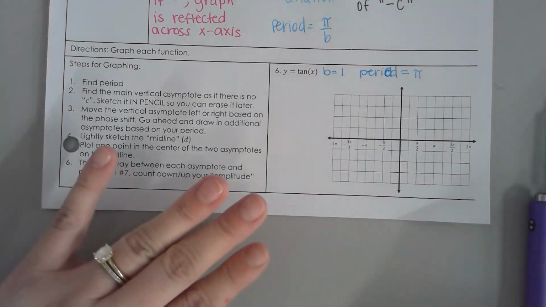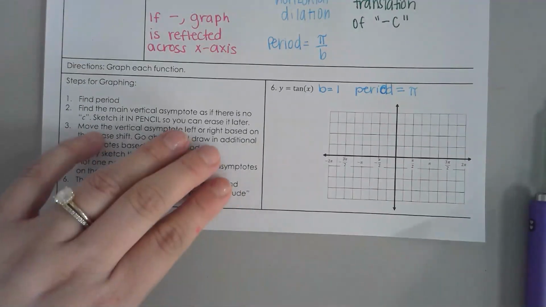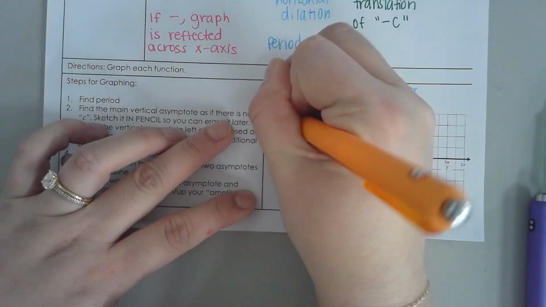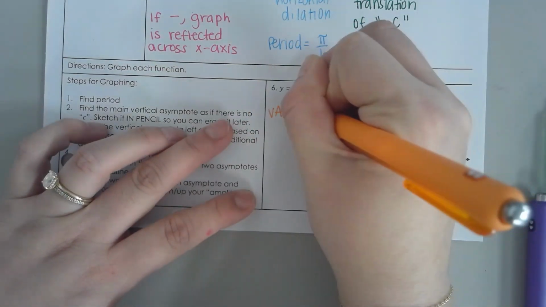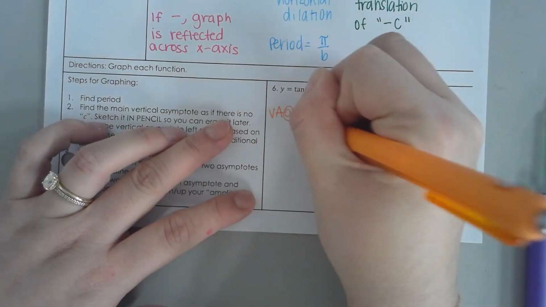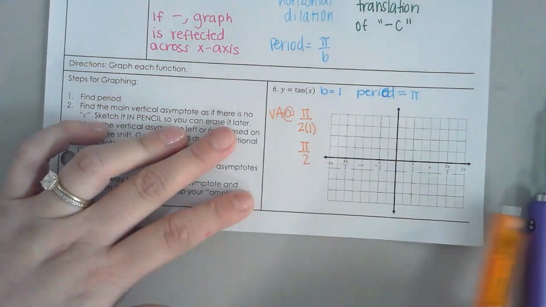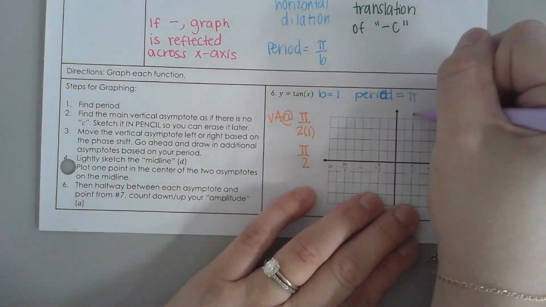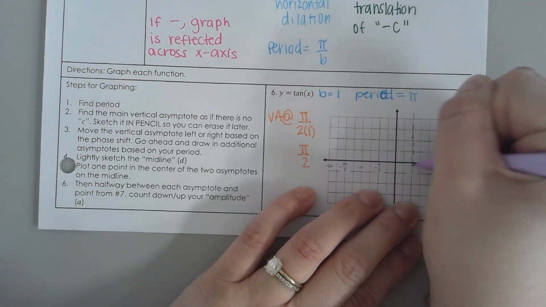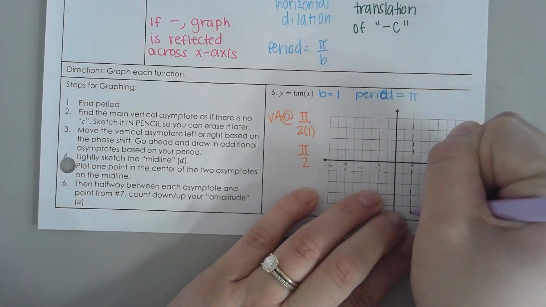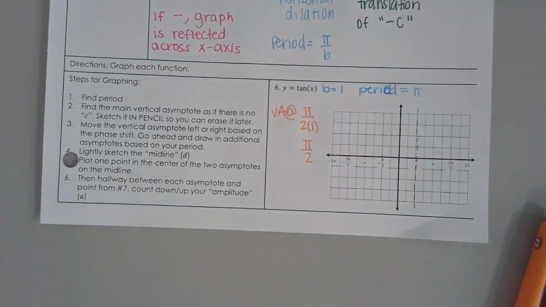So the vertical asymptote is at pi over 2b, which is pi over 2. So I would sketch in a vertical asymptote at pi over 2.